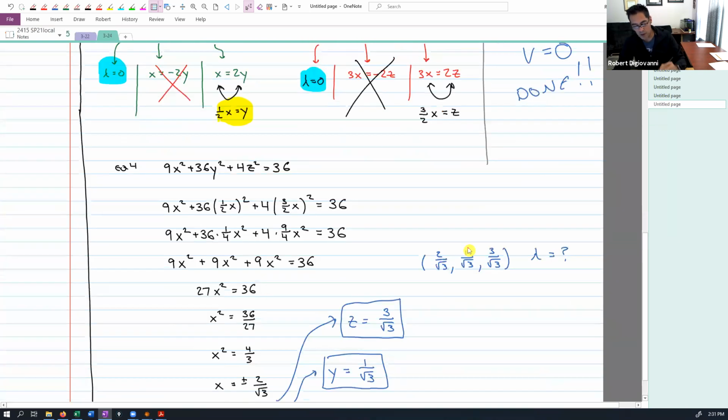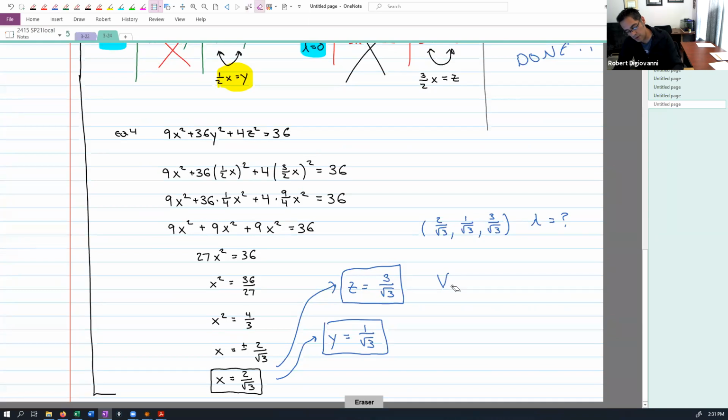We need to find the volume though, okay? The volume will be equal to, or I should say, what is the function's value at 2 over root 3, 1 over root 3, 3 over root 3. So that should be 8 times x times y times z.